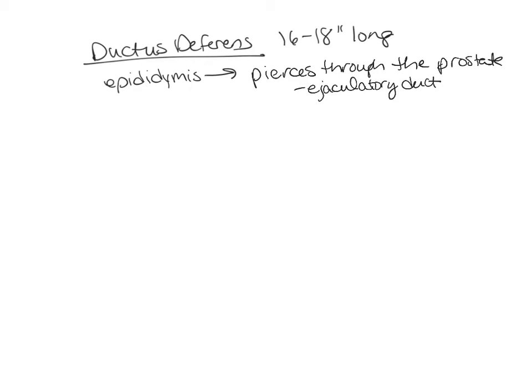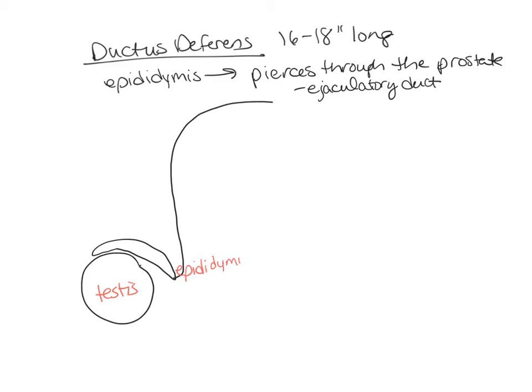So if we looked at a drawing here, so here's the testis, here's the epididymis on top, and from the epididymis is this ductus deferens. It wraps around the urinary bladder. It's going to come through this gland that we call the prostate gland.